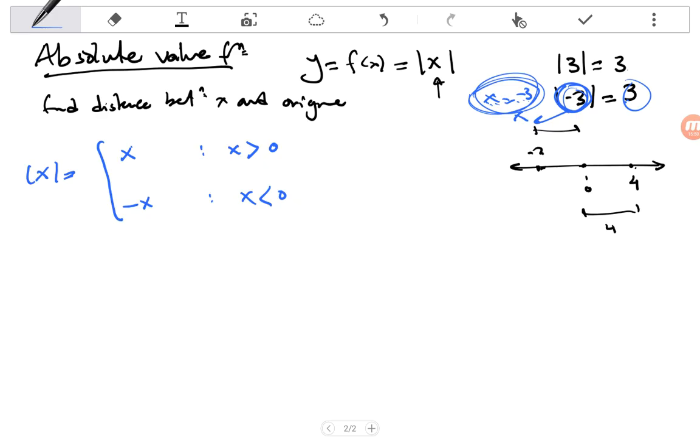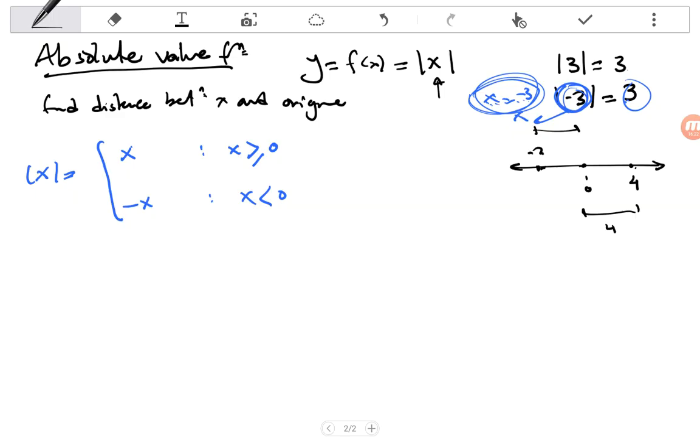It will be -x. Okay? So that is a detailed definition of the absolute value function. For the value of 0, you can put it here or here, because it doesn't matter. Given the input is 0, the output will be 0.